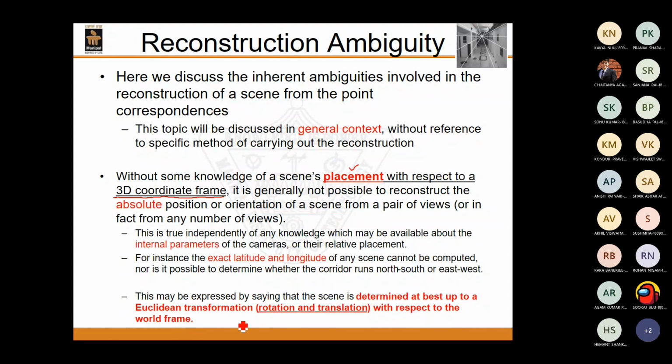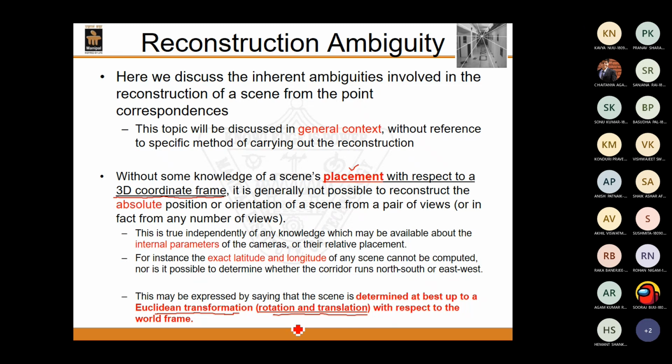And in such a case, what we can say is that the scene is determined at best up to a Euclidean transformation with respect to the world frame. That means the scene which we have reconstructed would be a Euclidean transformation of the actual scene, okay? So the actual scene, wherever it is with respect to the world coordinate, whatever be the values, if you transform that with respect to rotation and translation, we would get the reconstructed scene.